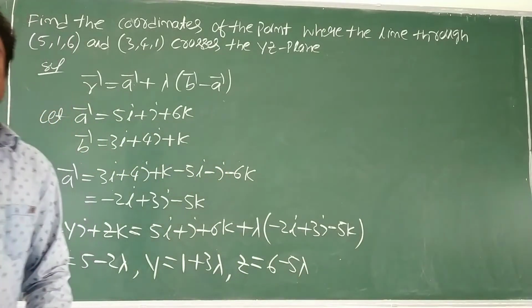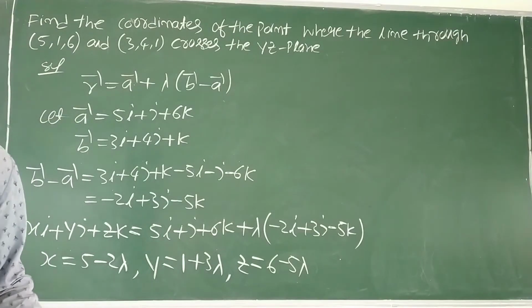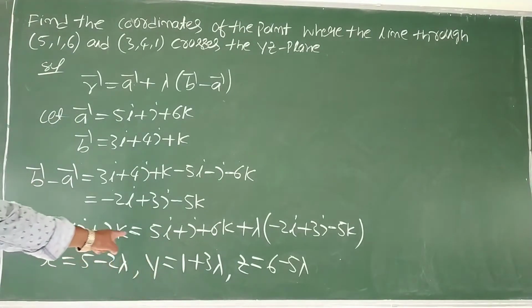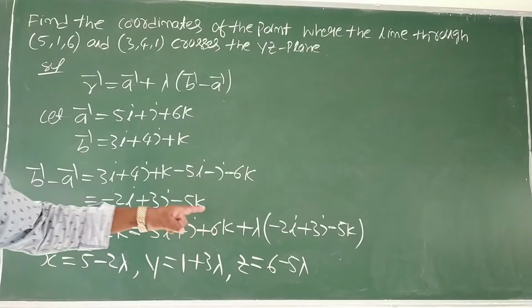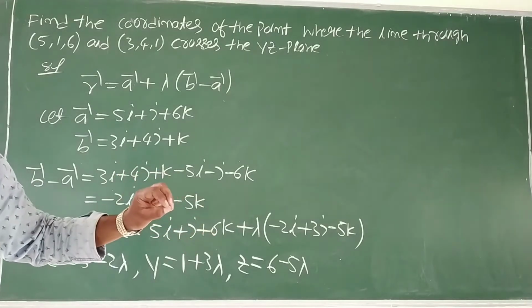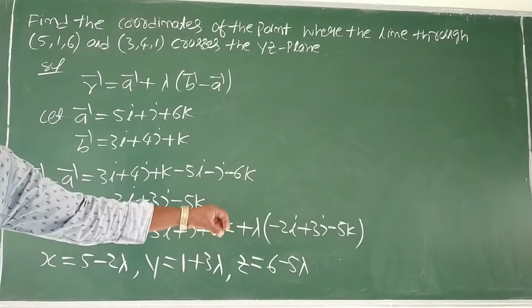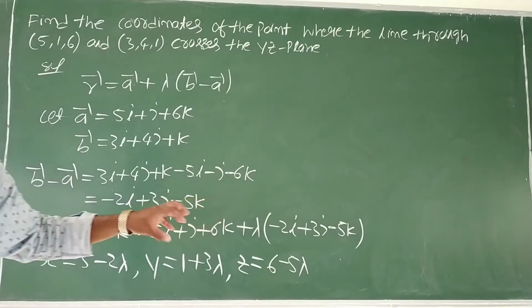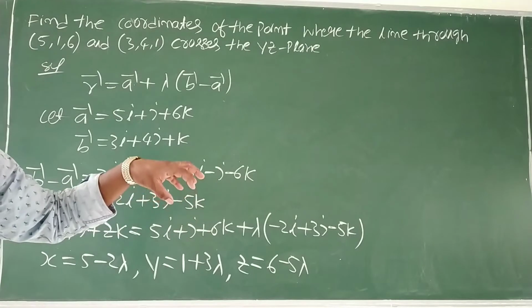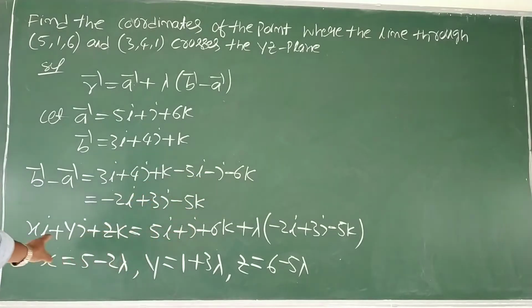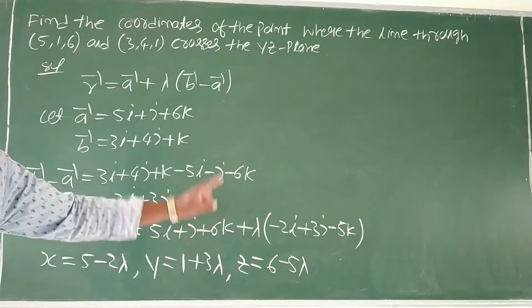So we got coordinates. Already we got X value, Y value, Z value. So all we need to find is lambda value. If we get lambda value, so easily we can find out X value, Y value and Z value.